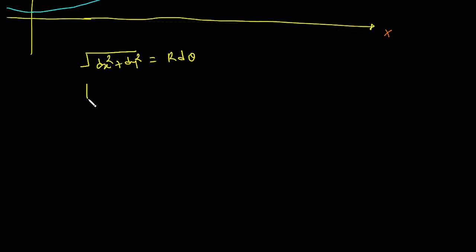So we get 1 plus dy by dx whole square, and simply dx. On the right hand side we have r d theta already. Now take this dx on the right hand side.